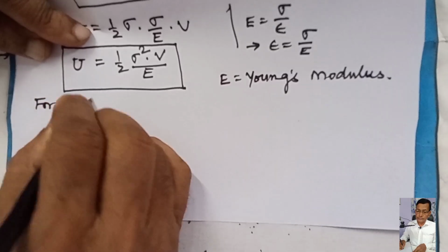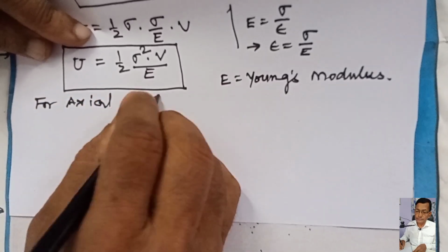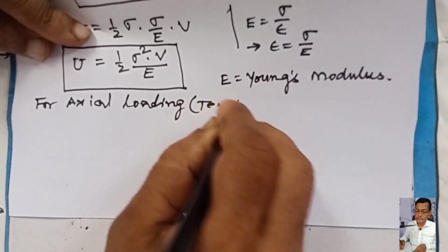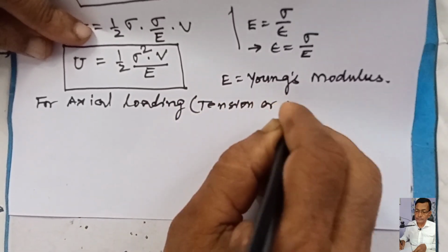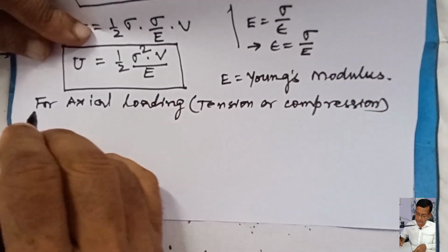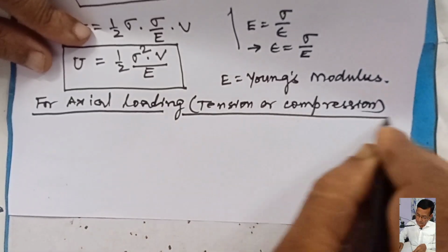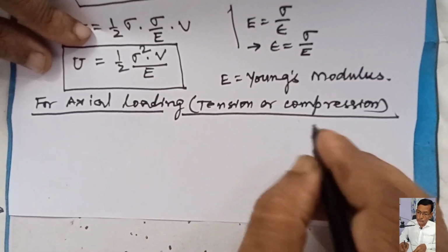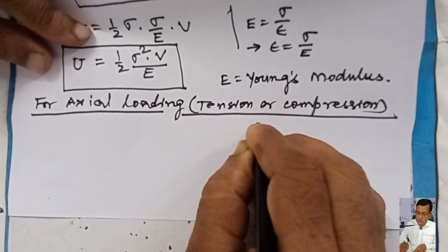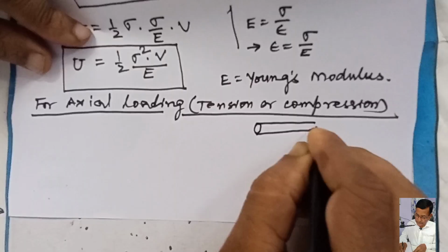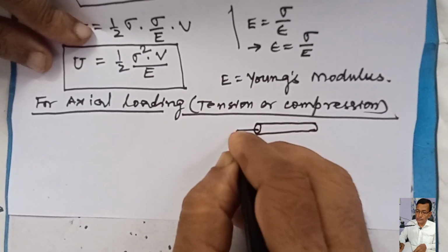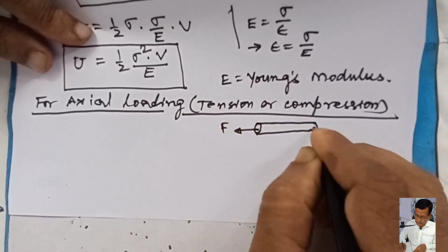For axial loading, tension or compression, suppose this is a rod which is subjected to tension.